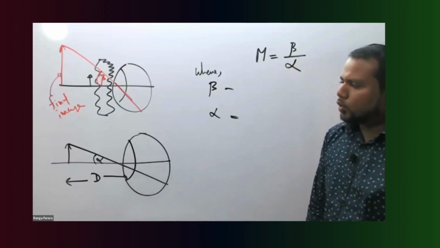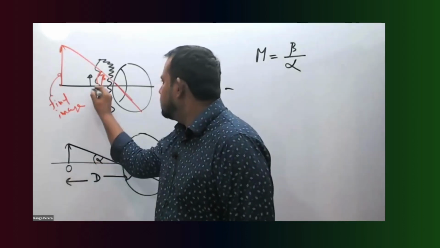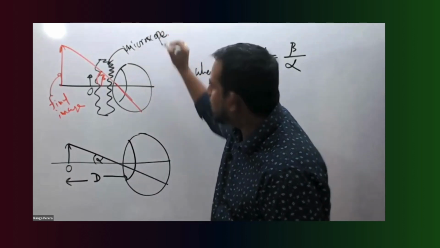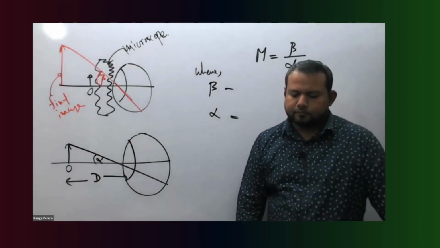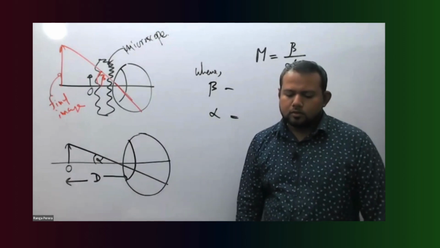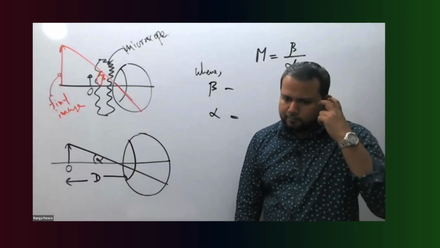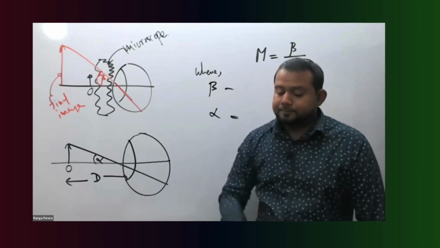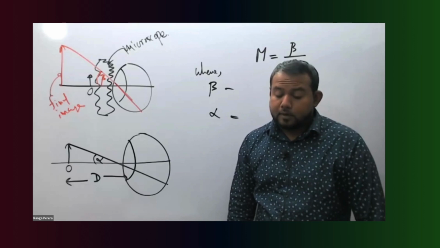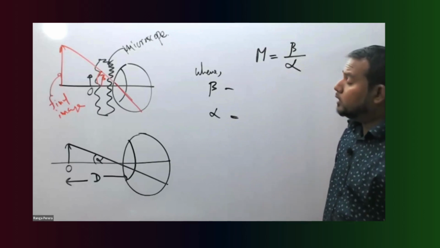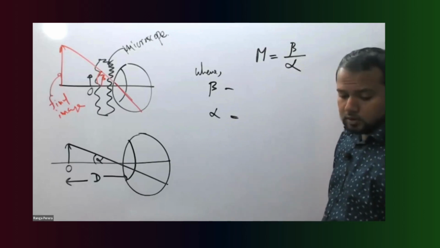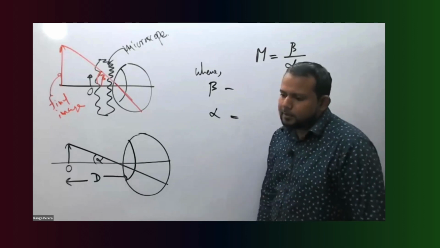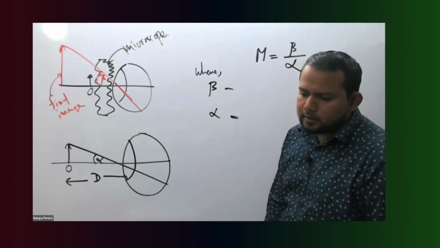Alpha is the angle subtended on the unaided eye by the object when it is at the near point, normally 25 centimeter, which we take as capital D here.